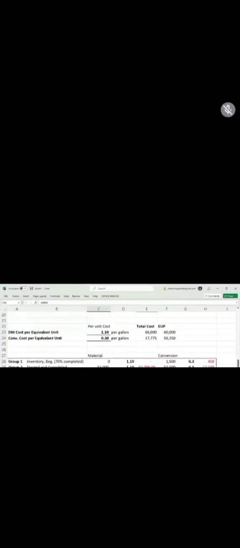So pila man ang total units accounted for? 65,000. That is the 65,000, whole units nga gi-process. Total units accounted for. 5,000 kang group 1, 57,000 kang group 2, 3,000 kang group 3.